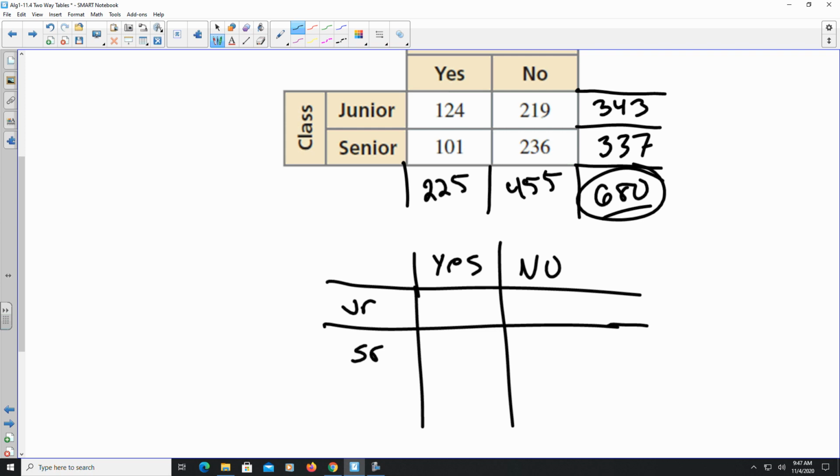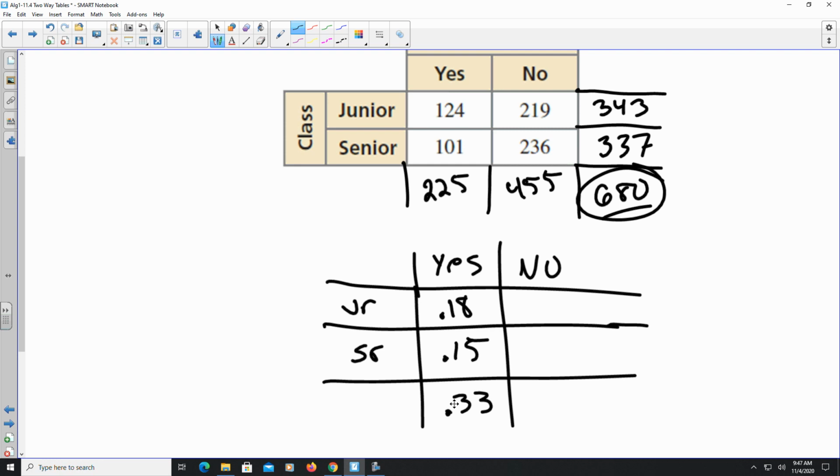I get about 0.18, or if you write it as a percent, 18%. Okay, either one. Look at the senior one. We have 101 divided by 680. That gets us to about 0.15. If I added those together, I would get 0.33. So about 33% of juniors and seniors say yes.